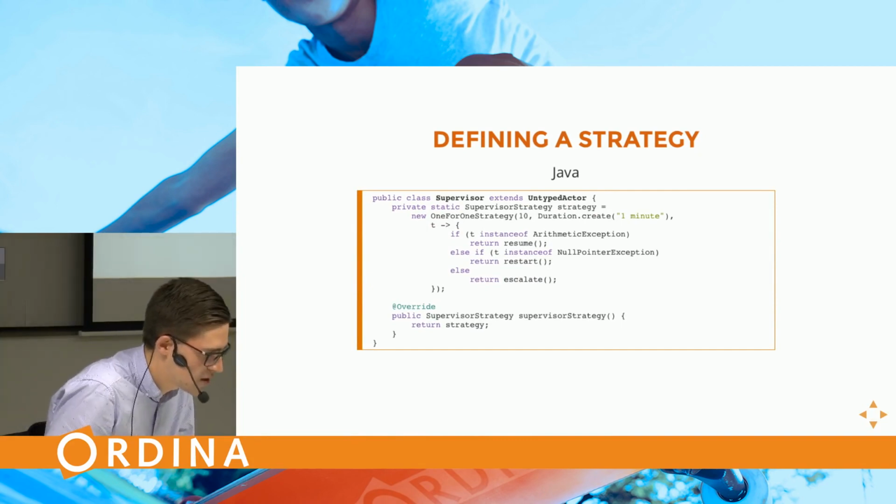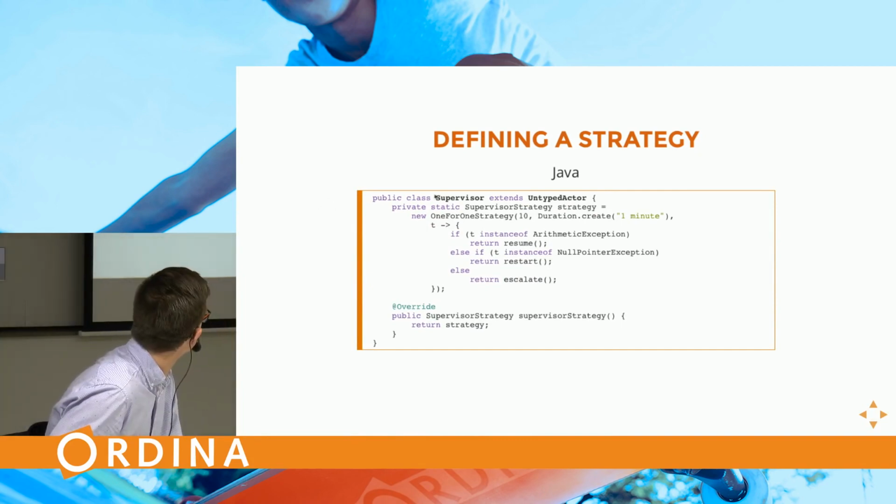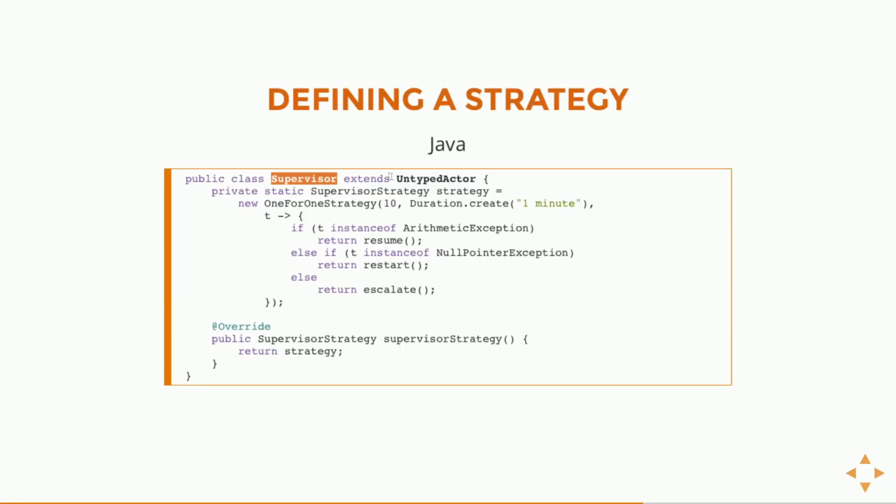So we have our supervisor actor right here. It extends the untyped actor. Obviously, they don't want any logging support here, so that's why they extend from the untyped actor. Then we define a variable for our supervisor strategy, and you have the possibility of using one of the available strategies.